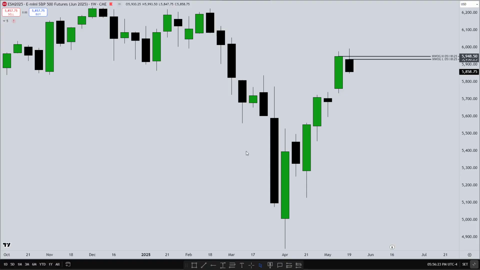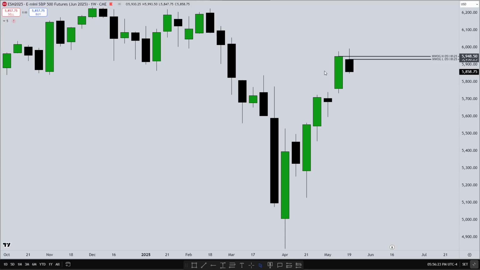Next slide. Here is the S&P futures contract June weekly chart. Yesterday I outlined to watch this weekly consequent encroachment of the wick right here, extend that out, and then you can see that we swept the previous week high, and since then we have traded inside the previous week's range of the candle.